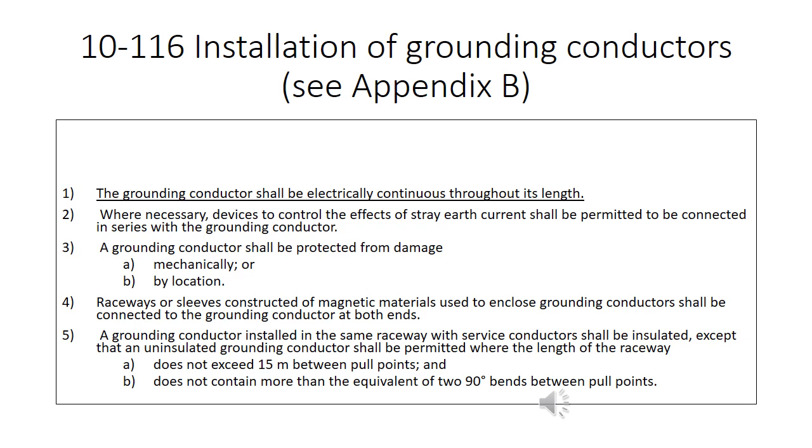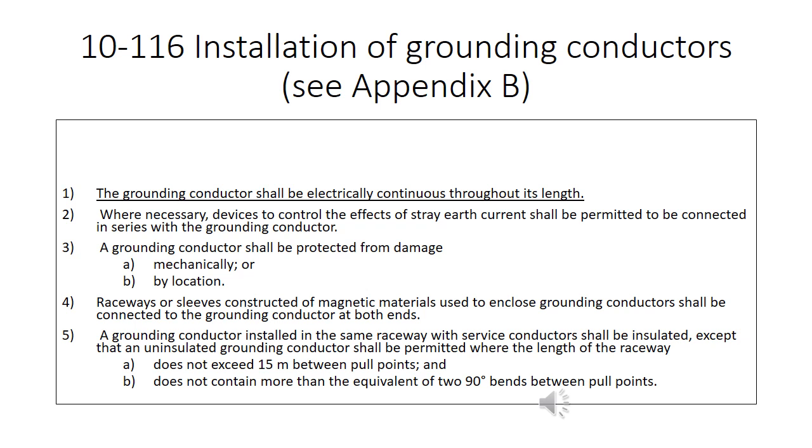A grounding conductor shall be protected from damage, A. Mechanically or by location. Subrule 4. Raceways or sleeves constructed of magnetic material used to enclose grounding conductors shall be connected to the grounding conductor at both ends. And Subrule 5.